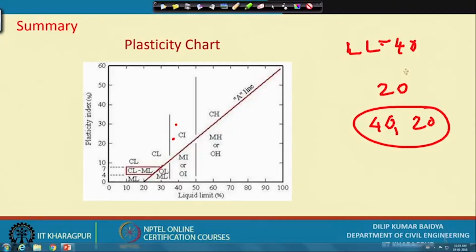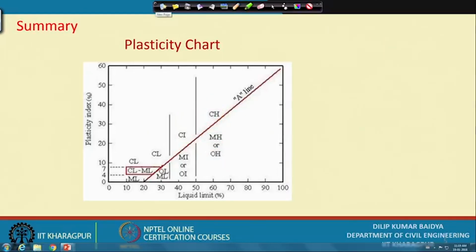So, if the liquid limit is 40 and plasticity index is 20, then it is coming here, above the A-line and between 35 and 50 liquid limit, so the soil will be classified as clay with intermediate plasticity. Like that, it can be clay of high plasticity, silt of high plasticity or organic high plasticity. So, this is about classification.